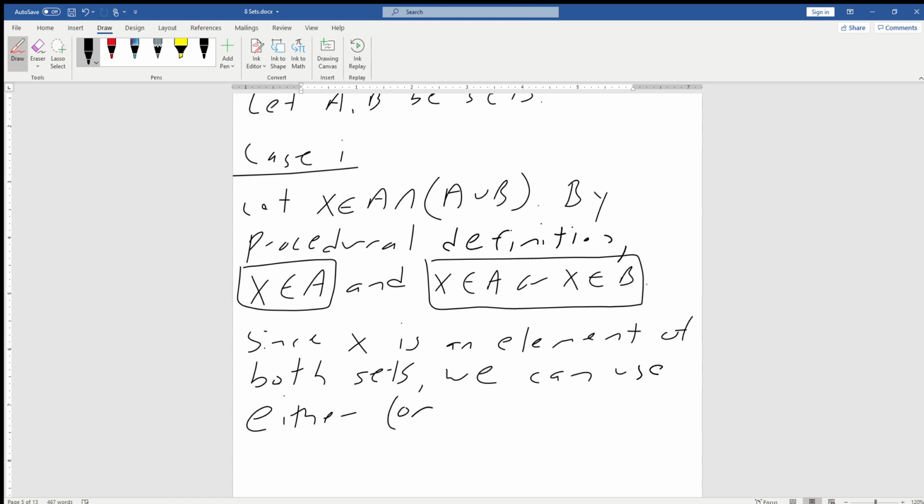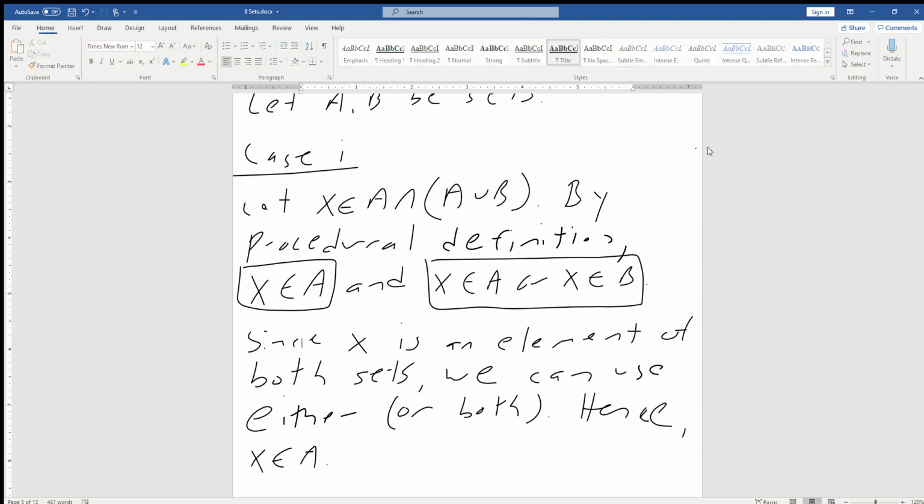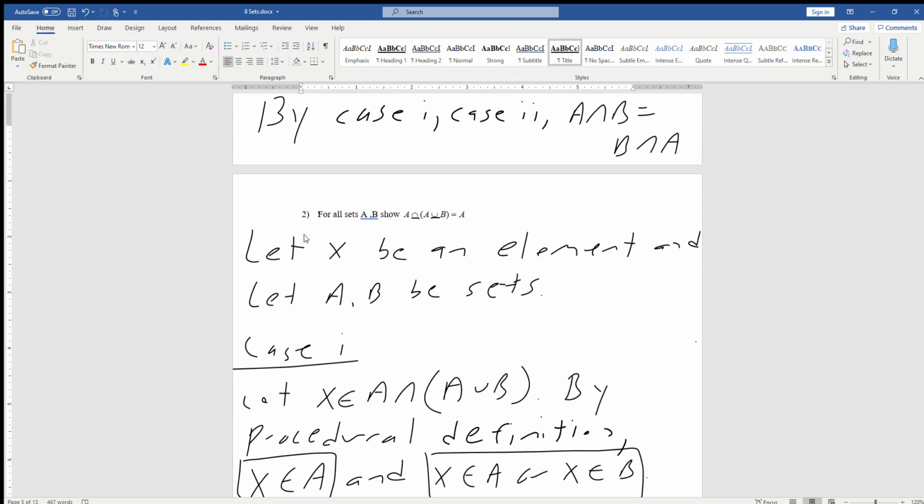I'll just put in parentheses, or both. Hence, X is an element of A. And we're done, because that's exactly what we needed to prove. We needed to prove that X was indeed an element of A, and we've done that.